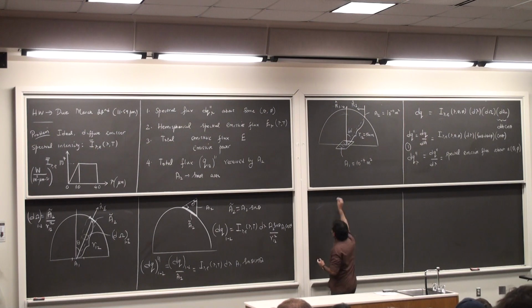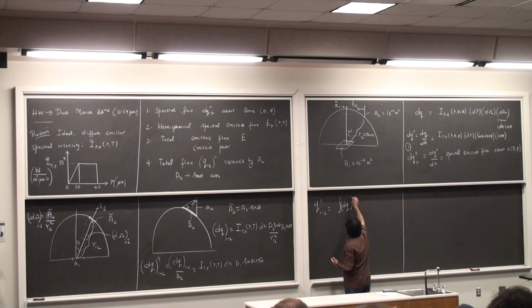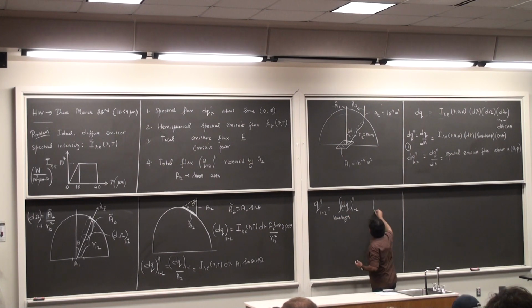And so for us, Q double prime 1,2 is the integral over the wavelength, and theta is 60 degrees.